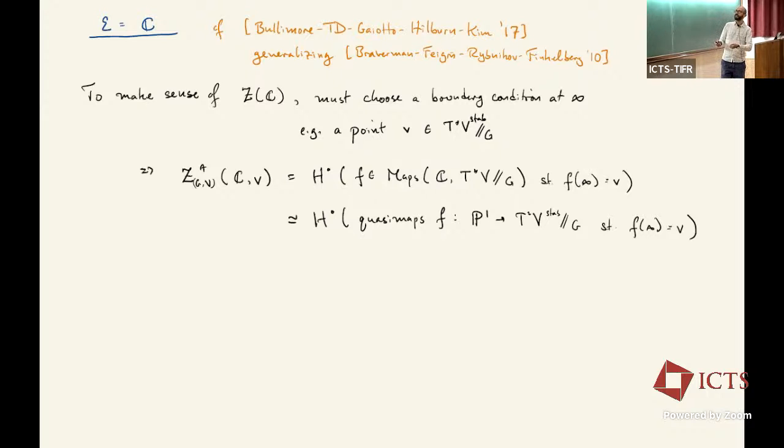And these base pointed quasi-maps are what were studied previously in the case where the target was a flag variety, but this can be set up much more generally.